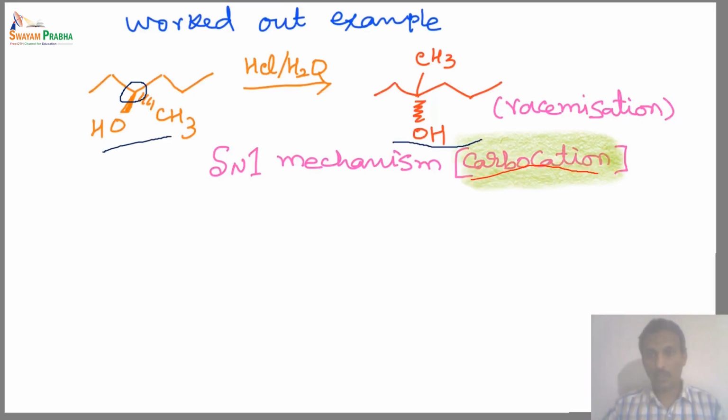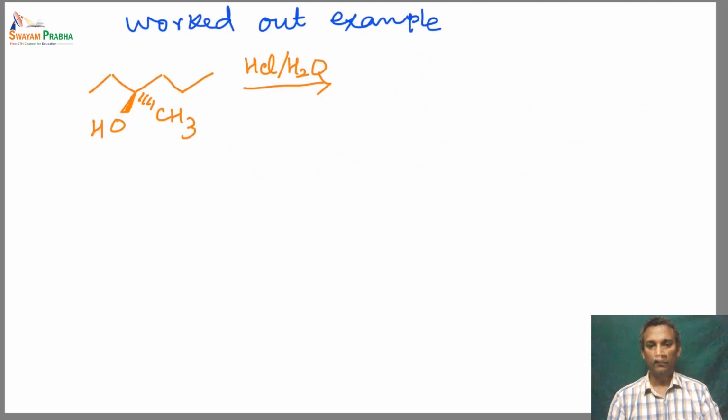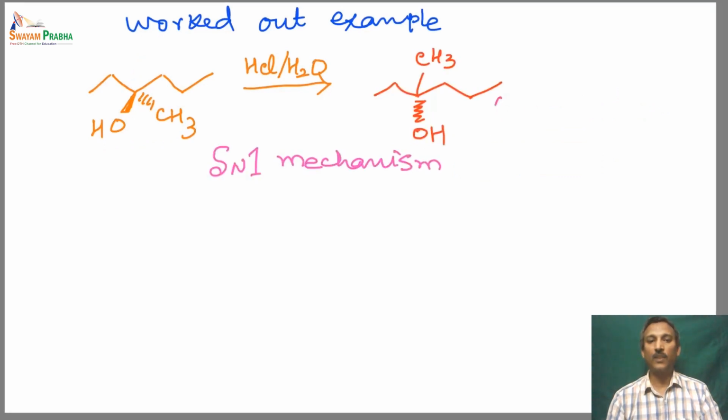The planar carbocation can be attacked from either the top or the bottom side. So this leads to racemization. We end up with the product where racemization actually takes place.